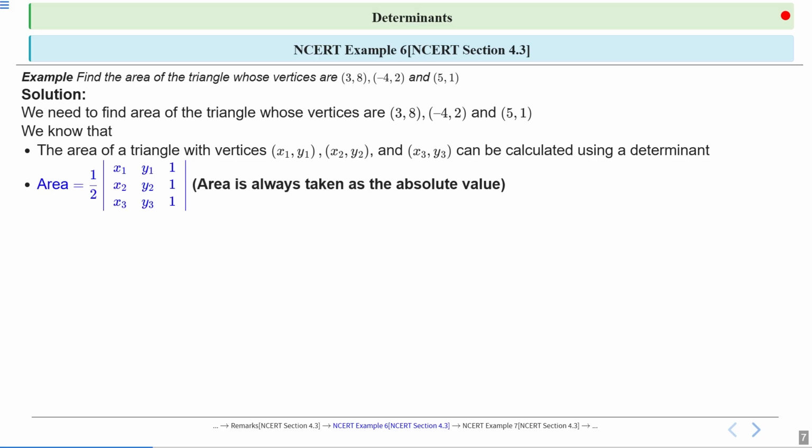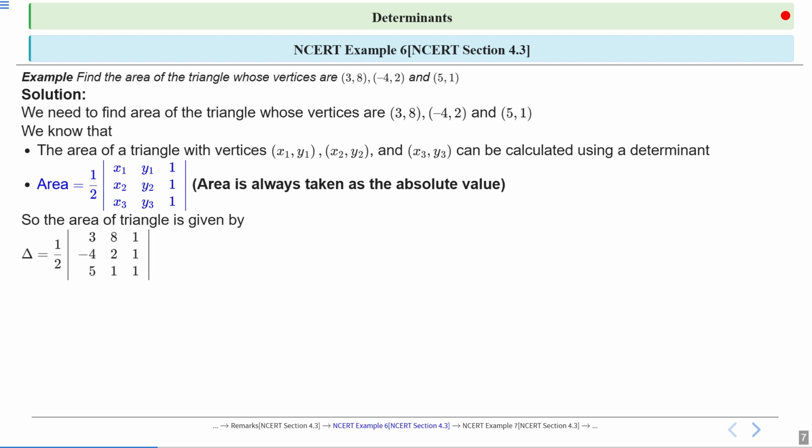that is, area is equal to 1 by 2. The first row represents the first point x1 y1 1, and then x2 y2 1, x3 y3 1, and area is always taken as the absolute value. So the area of the triangle is given by 1 by 2.